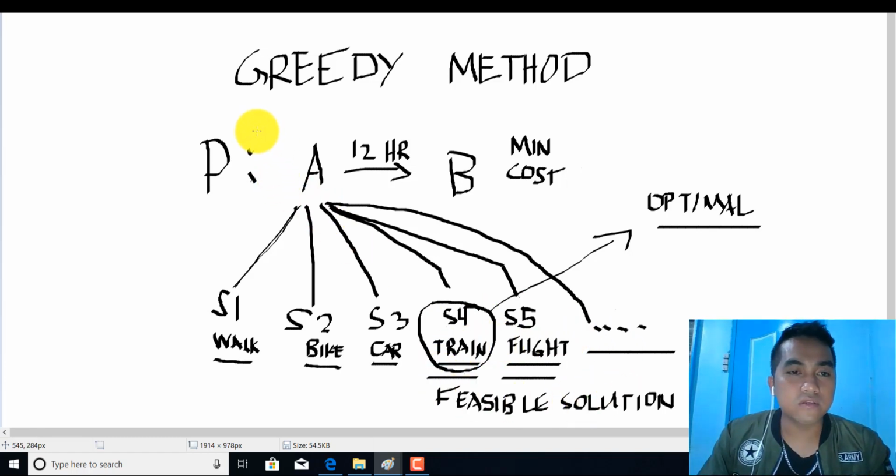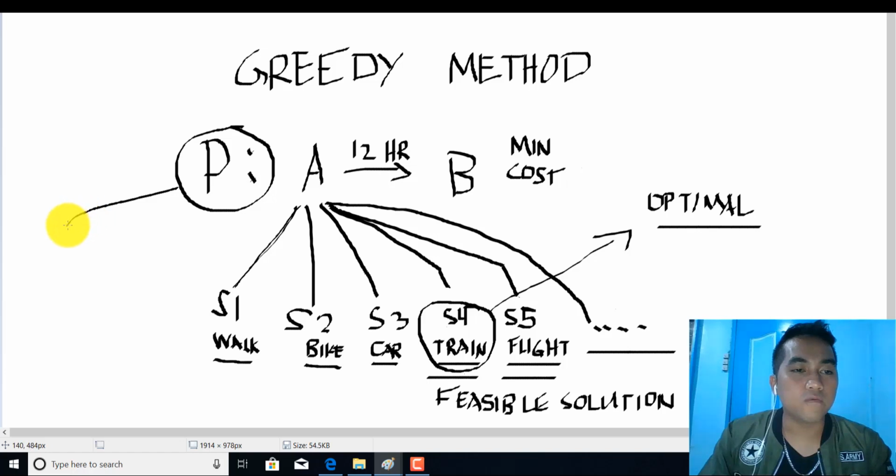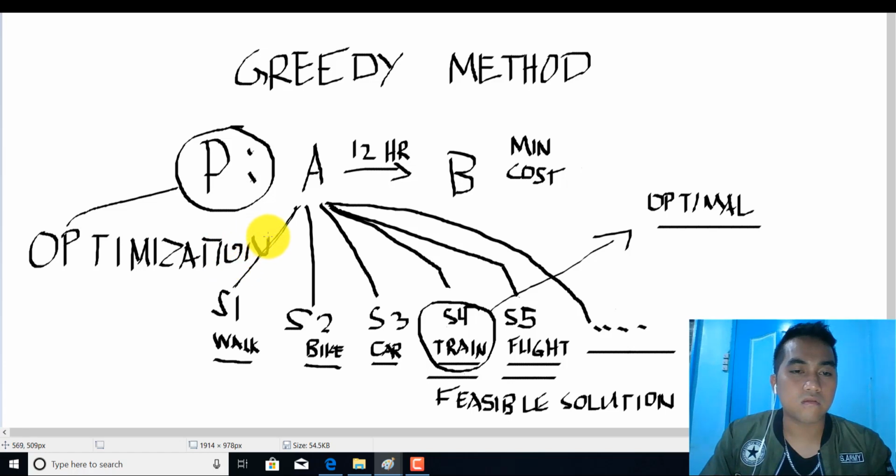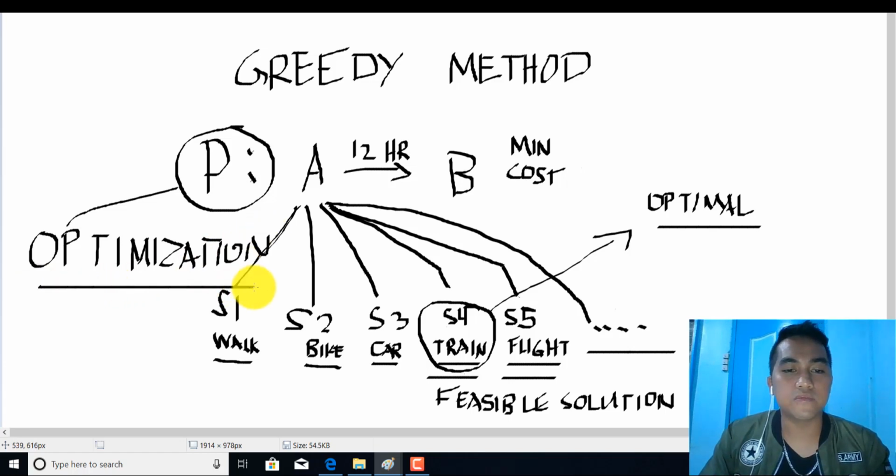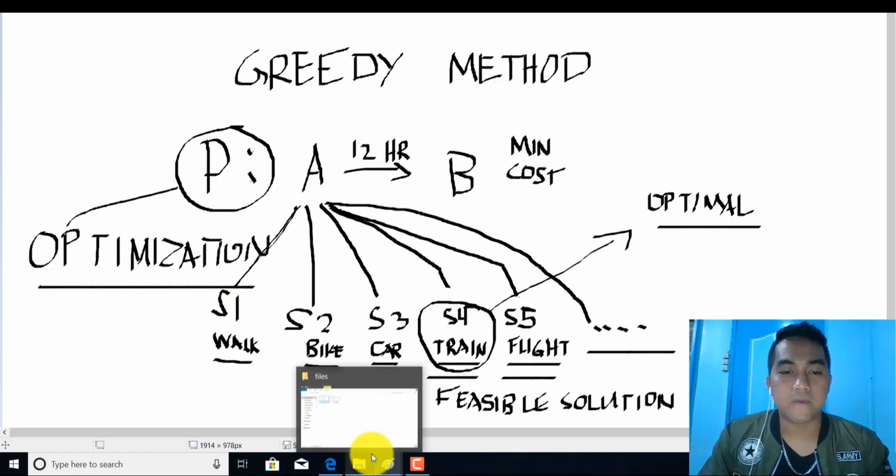So the greedy method means solving an optimization problem.